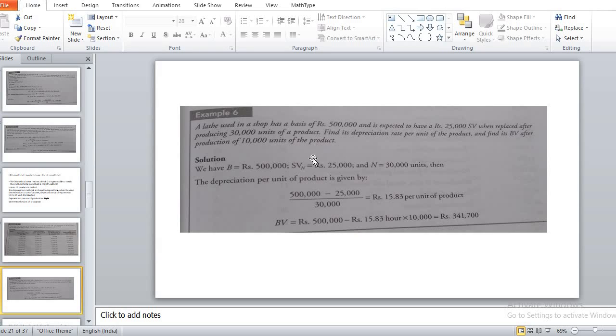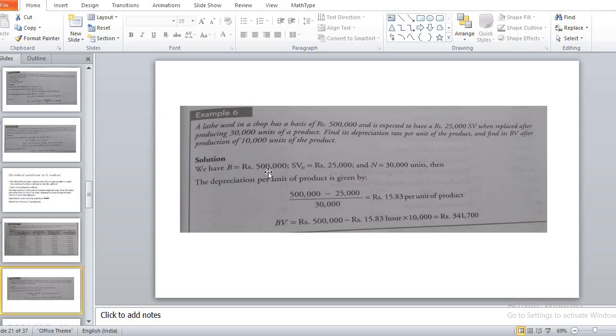We know the book value formula is cost basis value minus depreciation value for that particular period of time. Now instead of period of time, they ask for the book value or depreciation value in terms of per unit of the product.